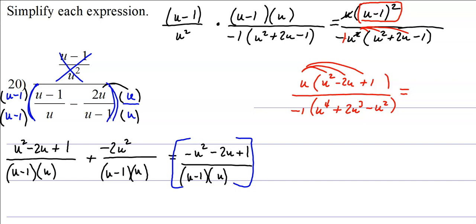So basically it would make him go away, and I would be left with u squared minus 2u plus 1 all over, and if I took a u out of the bottom, I would have negative u to the third. That would be a minus, I lose a u there. And that would be a plus, and I'd lose a u there.